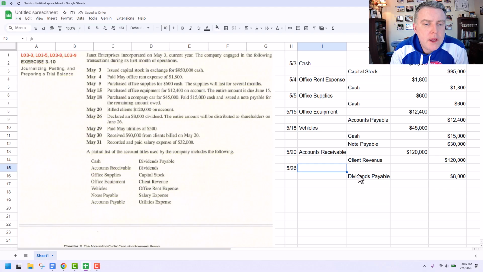And we're going to debit the dividends account, which is a retained earnings account, for the amount that our retained earnings goes down, so $8,000. We only have 3 more left.